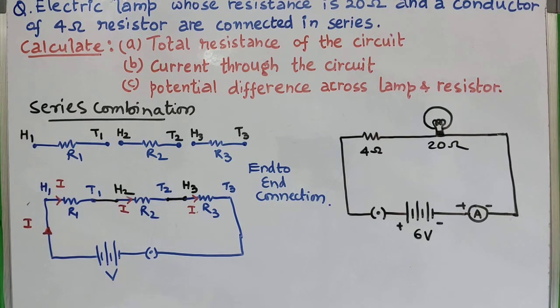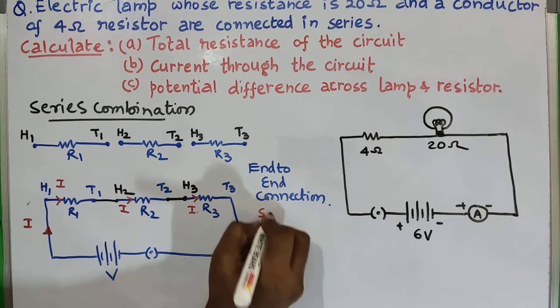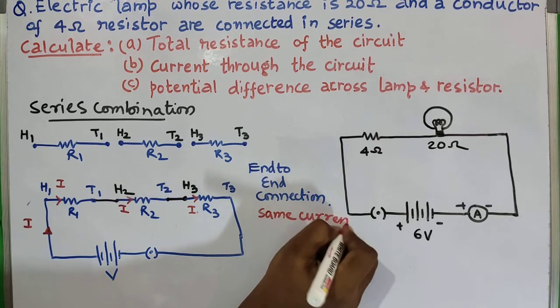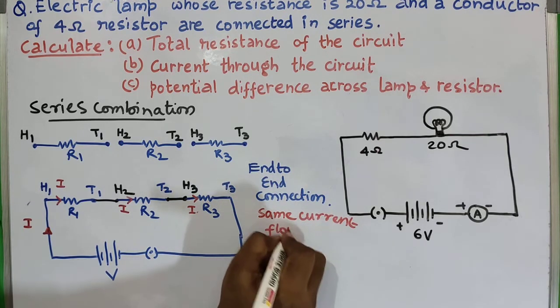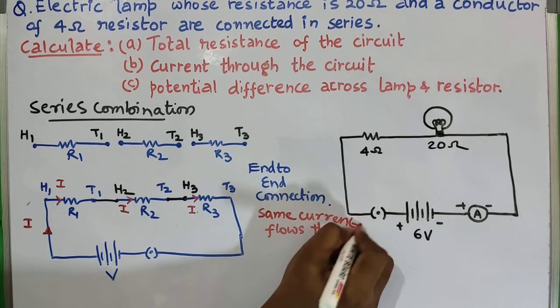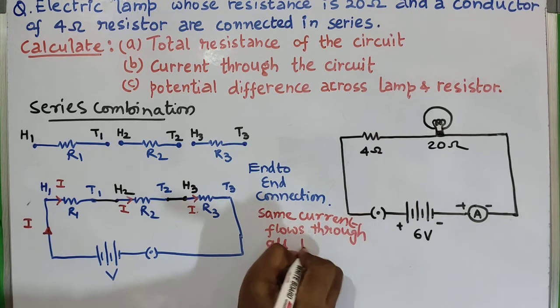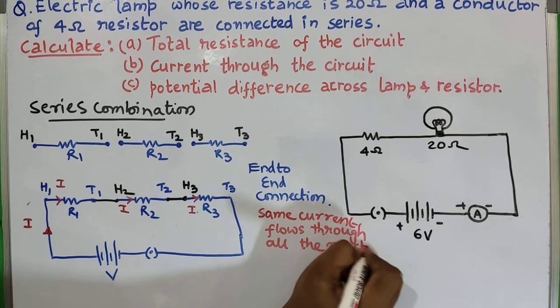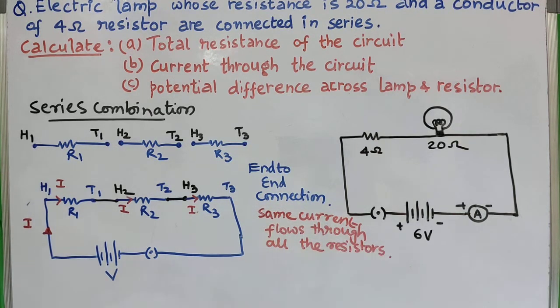So this is a feature of a series combination. In series combination, the same current flows through all the resistors or resistances.